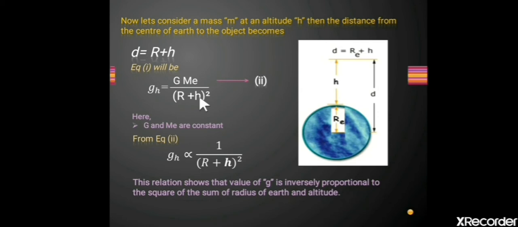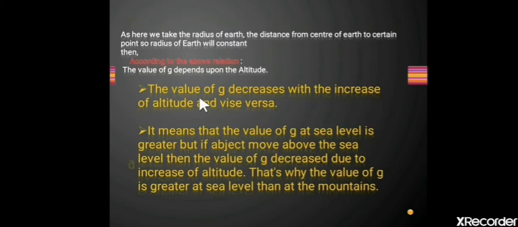This relation shows that if the altitude increases, then acceleration due to gravity will decrease. It means that the value of g at the sea level is greater, but if the object moves above the sea level, then the value of g decreases due to the increase of altitude. That's why the value of g is greater at the sea level than at the mountains.